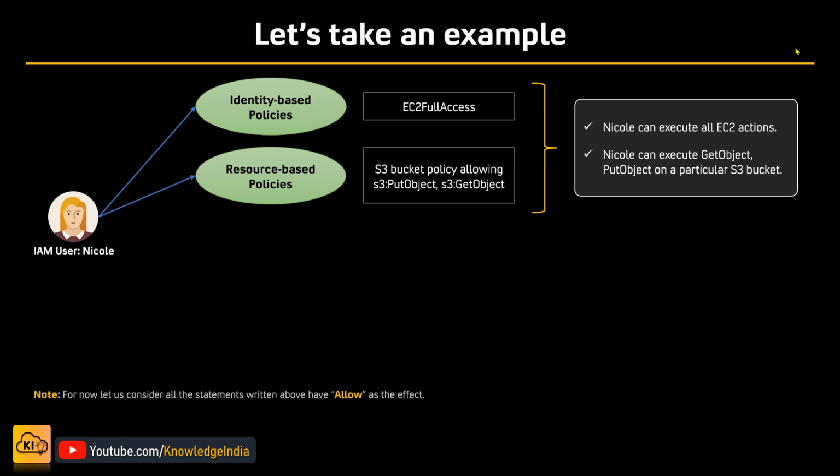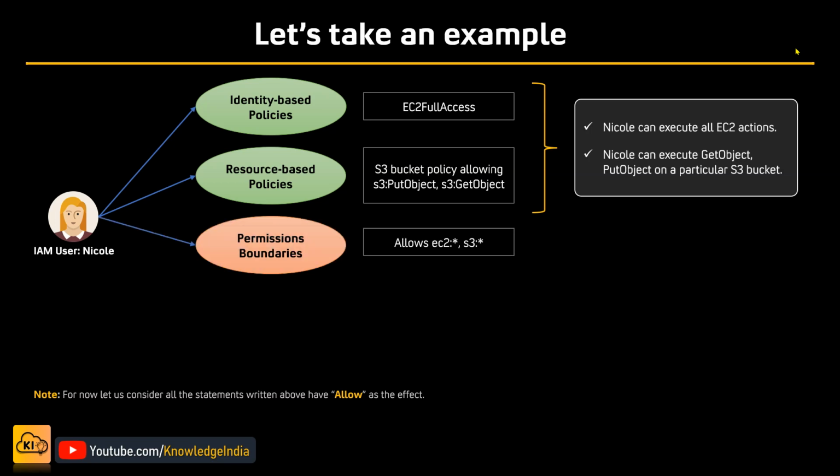So what we understand is that the identity-based policies and resource-based policies are giving the power to Nicole to do something. Now, in this case itself, let's say I attach a permissions boundary policy to Nicole. And in that permissions boundary policy, let's say I have allowed EC2 star and S3 star.